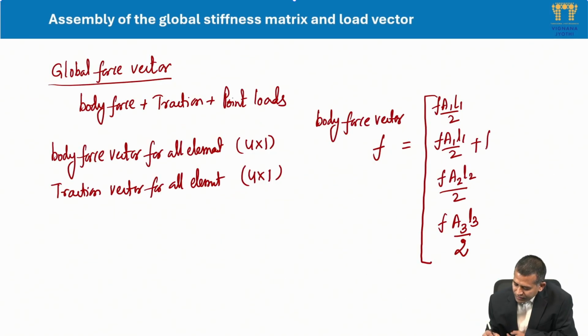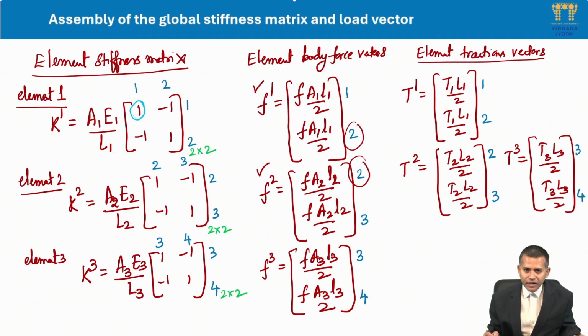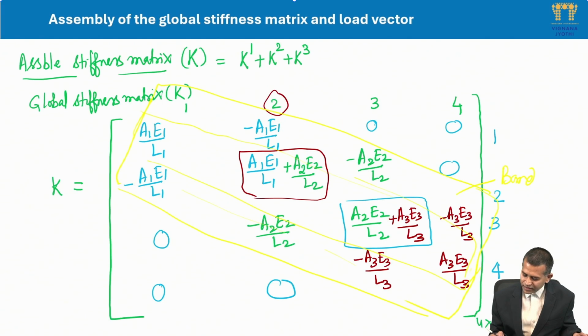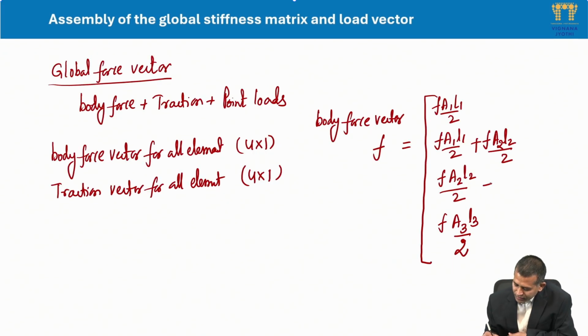So I will write this one as F A2 L2 by 2. And again at node 3, if you observe, we have F A3 L3 by 2. So you can add that also here. So we will add F A3 L3 by 2.